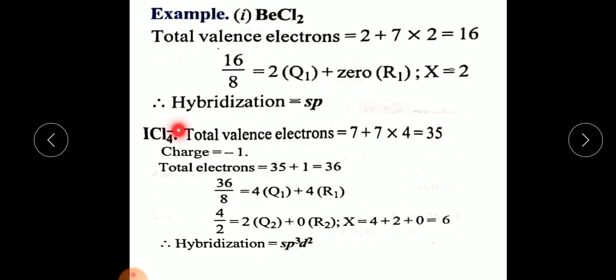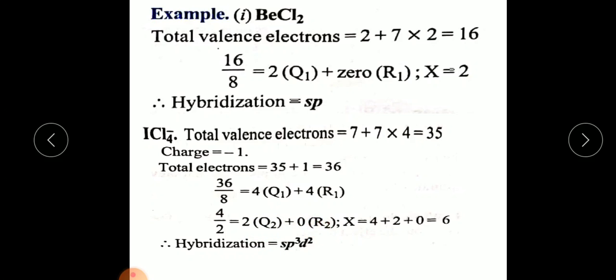Since this is a negative ion, we add 1 electron, so it becomes 36. The number lies between 9 and 56, so we divide by 8. We get quotient 4 and remainder 4. Since the remainder is not 0, we divide it further by 2, which gives quotient 2 and remainder 0.